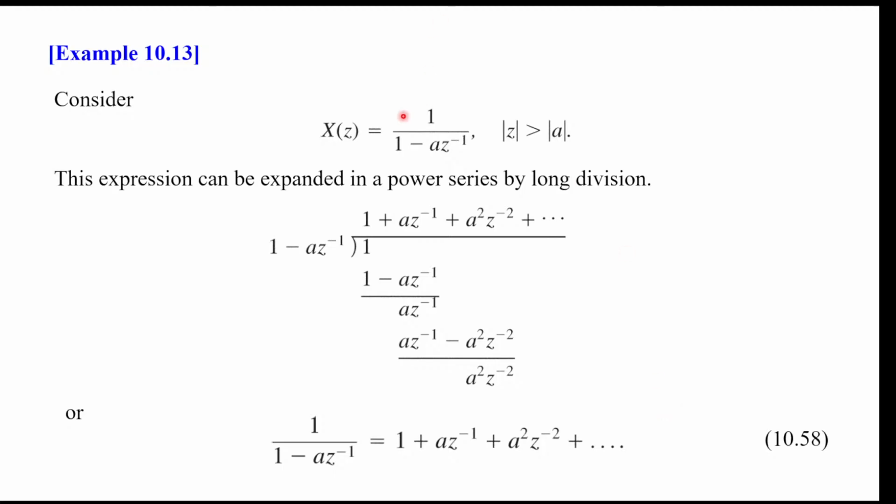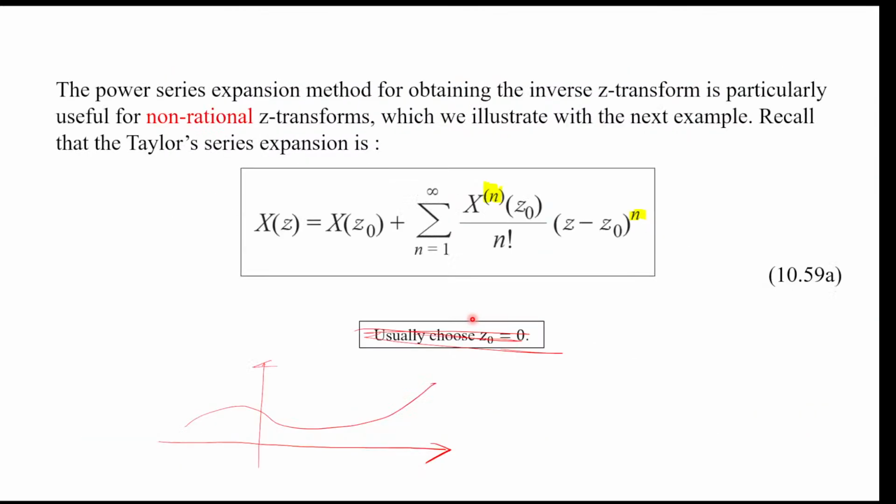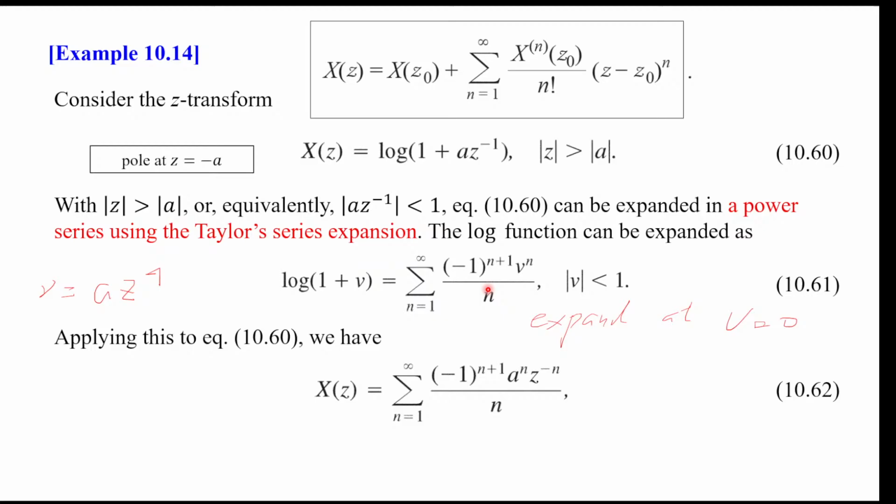For example, 1 over 1 minus a times z to the minus 1 can invert to two different power series depending on your ROC. It's either a power series in terms of a z to the minus 1 or a power series of a to the minus 1 times z. Also, even if we have a non-rational function, like this log function, we can smartly choose our power series expansion.